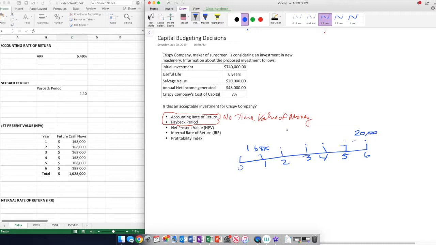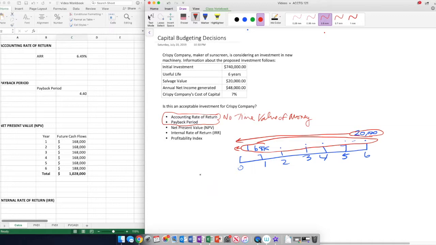So we have 2 calculations to make here. If we want to find the net present value, we need to figure out the present value of the $168,000 annuity that we're going to get, and then we got to figure out the present value of this $20,000 sum.